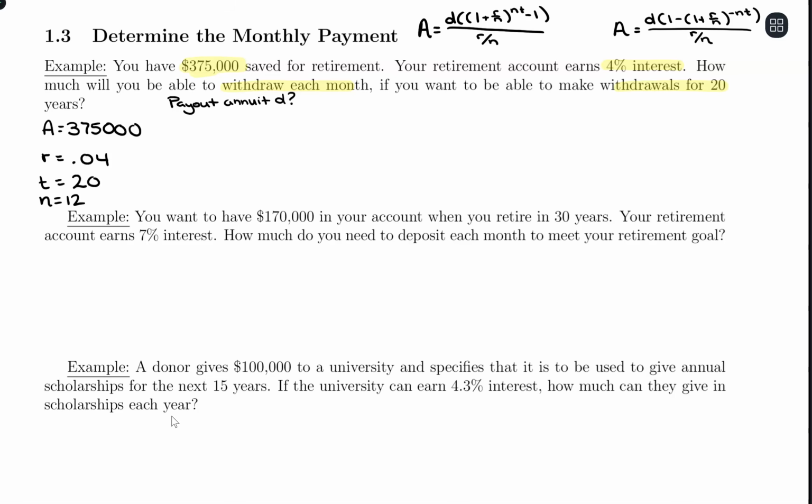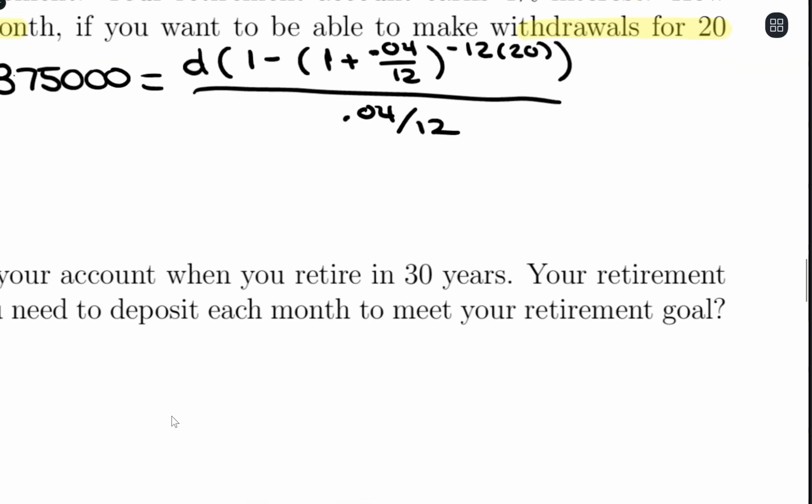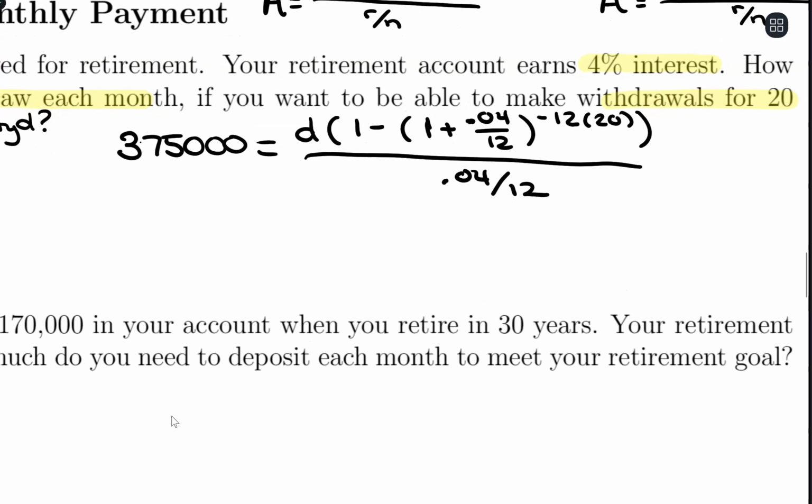So we're going to use A equals, so 375,000 equals D times, parentheses, 1 minus 1 plus 0.04 over 12 to the negative 12 times 20, all over 0.04 over 12. All right, so looking at this, we want to solve for D.